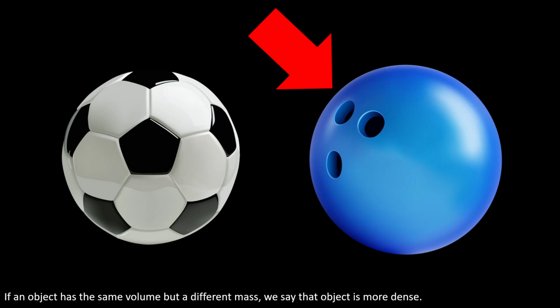They both take up the same amount of space. However, when you look at their masses, the mass of a bowling ball is going to be a lot heavier than the mass of a soccer ball. When we have an object that has the same volume as another object, but that object weighs more, it has more mass, we say that that object is more dense.